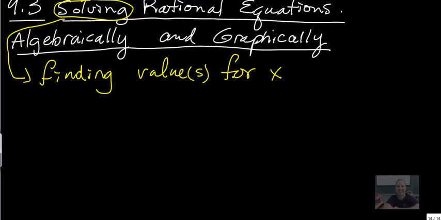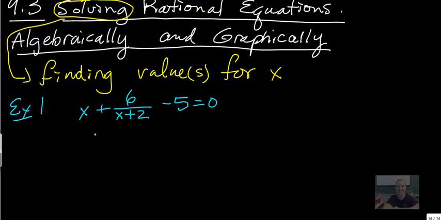So if we have a rational equation, I'll show you how to do that algebraically, and graphically it's just the same as we've done with other functions. You either find the x-intercepts as solutions to the corresponding graph, or you find an intersection point between two equations. And so let's begin.